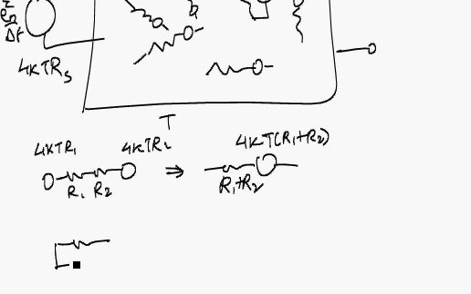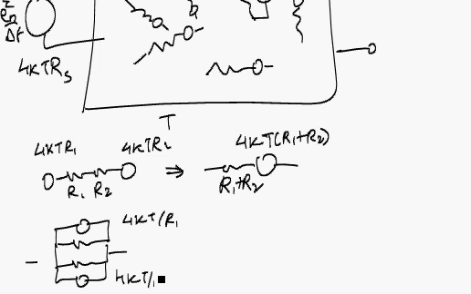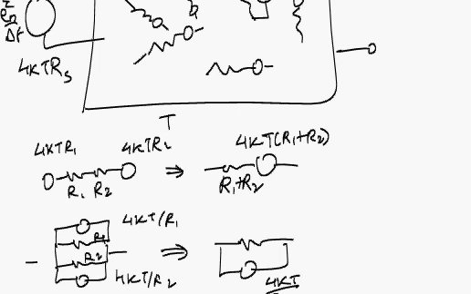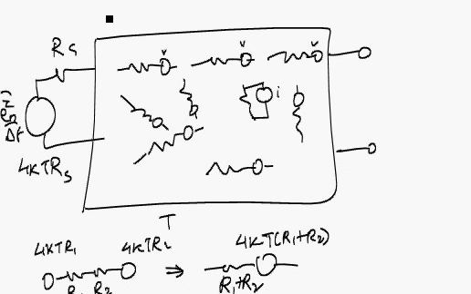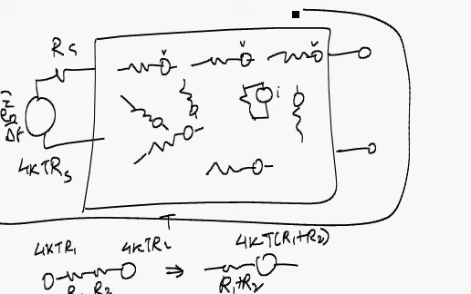Similarly, if you have two resistances in parallel with their own currents, 4kT by R1 and 4kT by R2, it is equivalent to just one resistance, R1 parallel R2, with an equivalent current of 4kT by R1 parallel R2.